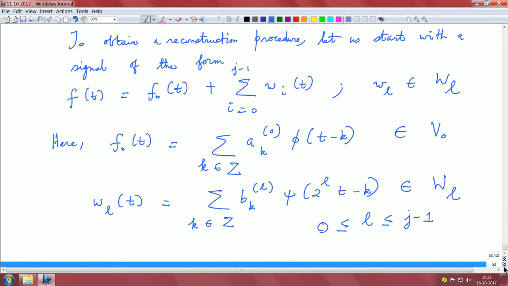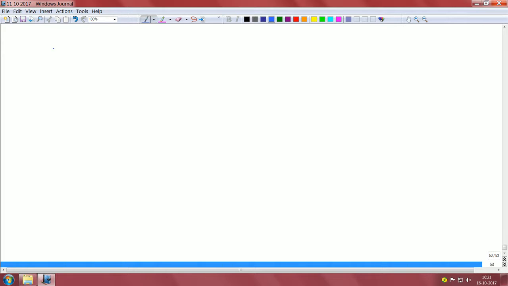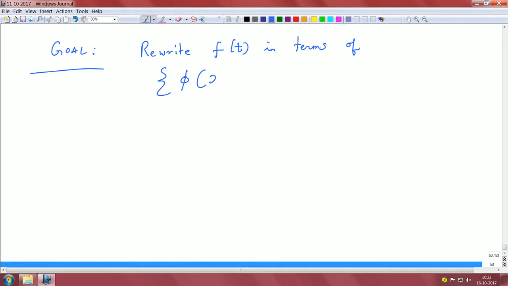Now, what is our goal? Rewrite f of t in terms of phi of 2 power j t minus l, l belonging to the set of integers, right.